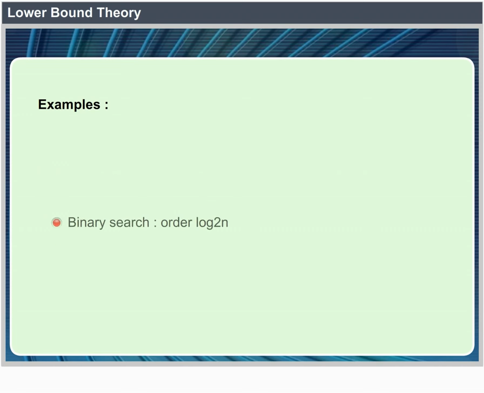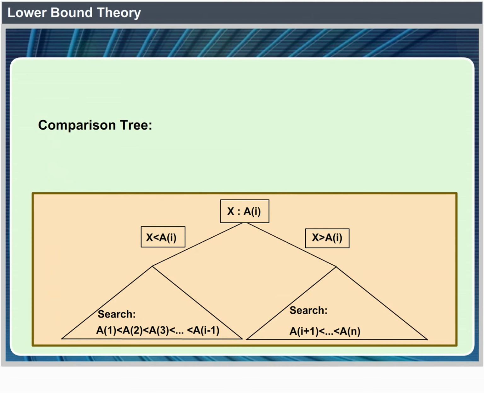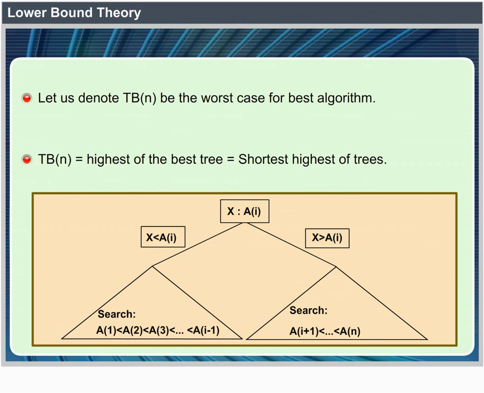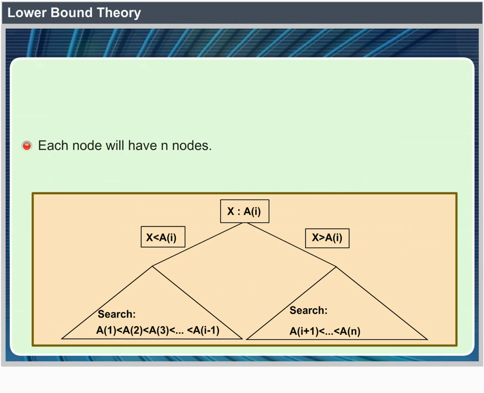Binary search, order log n. The comparison tree is shown in the below figure. Let us denote dB of n as the worst case for the best algorithm. dB of n equals the height of the best tree, which is equal to the shortest height of trees. Each node will have n nodes.